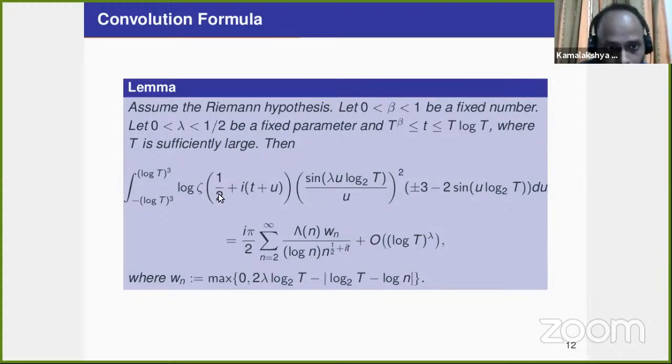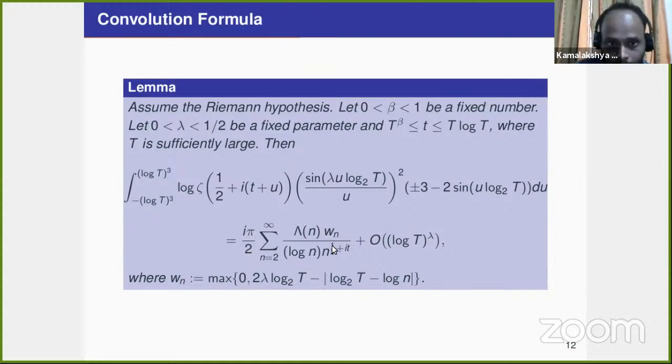We'll get some constant times S of t plus u, and everything remains as it is because all these terms are real. And on the right hand side, since we're taking the imaginary part, we'll just take out this i and we'll have this term, right?